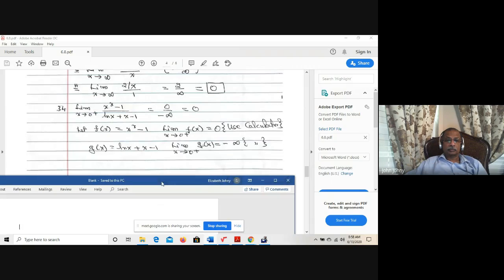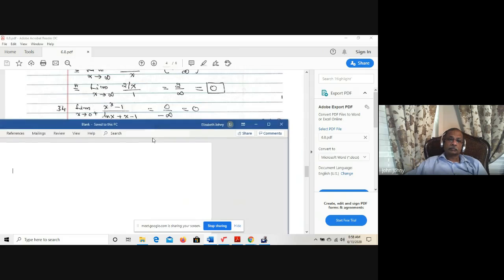Number 34. Limit x approaches 0 plus, x to the x minus 1 divided by natural log of x plus x minus 1.